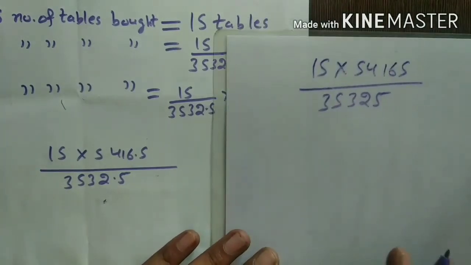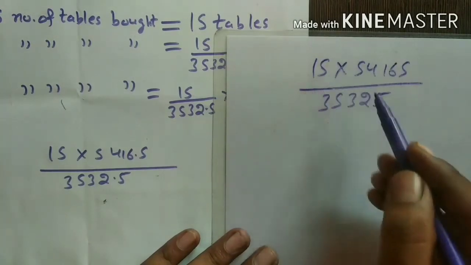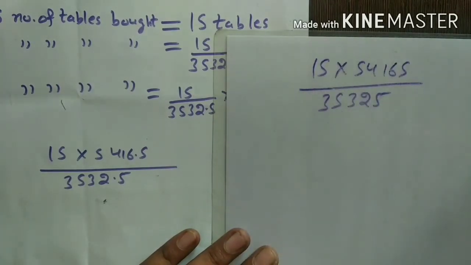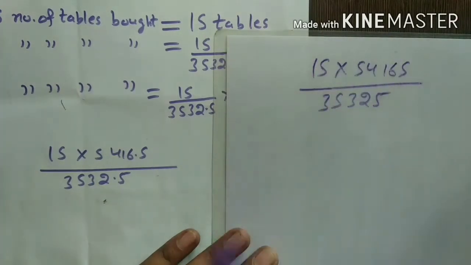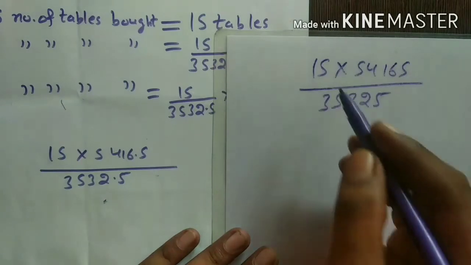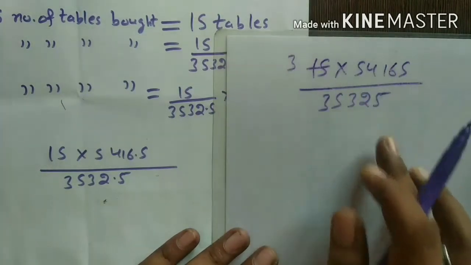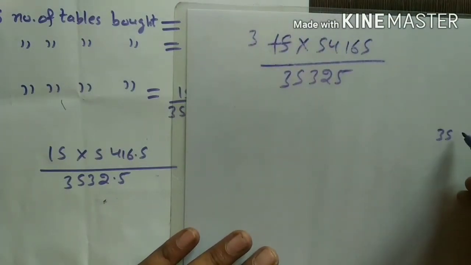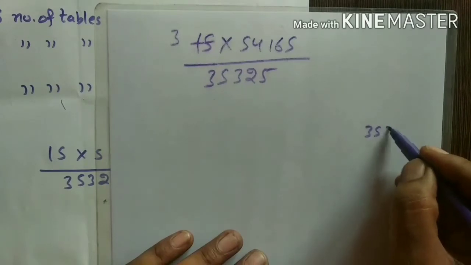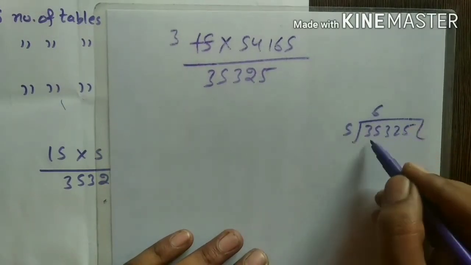Now student, you can clearly see that this one is divisible by 5 and this one is also divisible by 5. If you divide both by 5, then what you get? If you divide this by 5, then your answer is 3, and if you divide this by 5, then what will you get? We do it here. 32 divided by 5, 5 6s are 30.